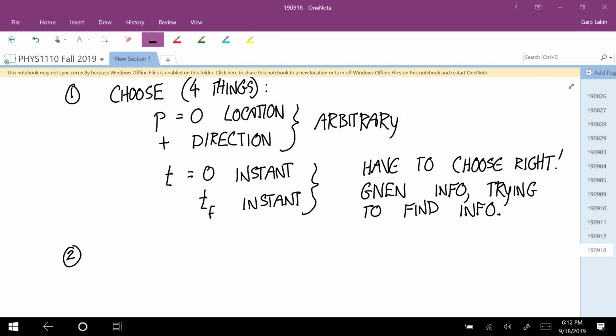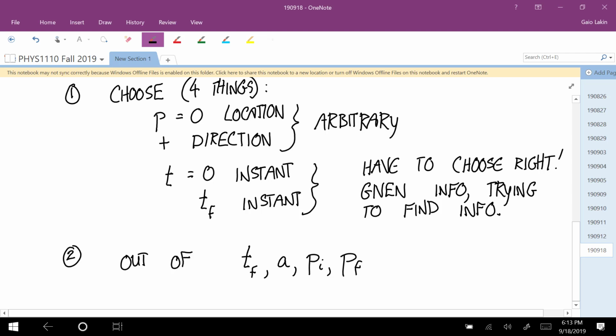So you might as well just always do them in the same order. So the 6 variables are time final, acceleration, initial position, final position, initial velocity, and final velocity.